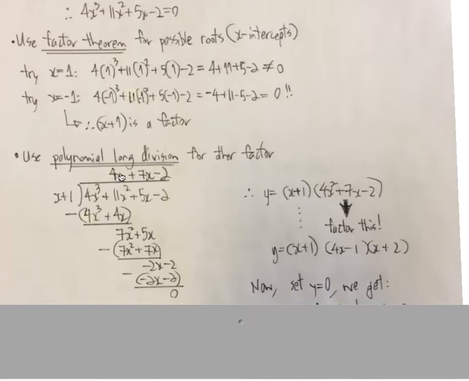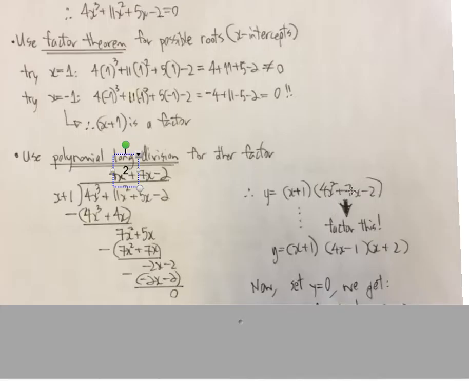It provides this trinomial. Oops, I just forgot an exponent of 2 there. I just noticed that. So let's insert that there. So this is 4x squared plus 7x minus 2 times this original factor of x plus 1, and that equals the original function given.